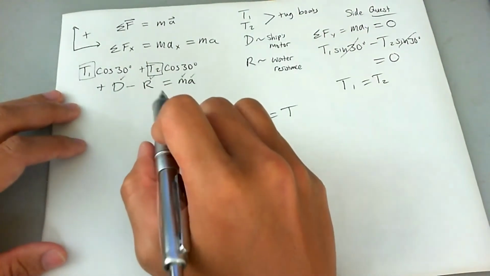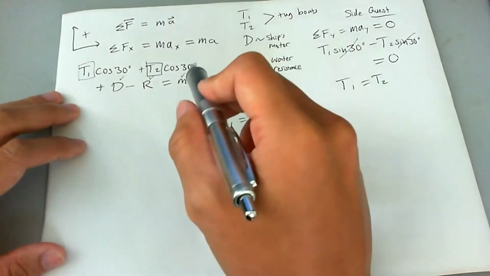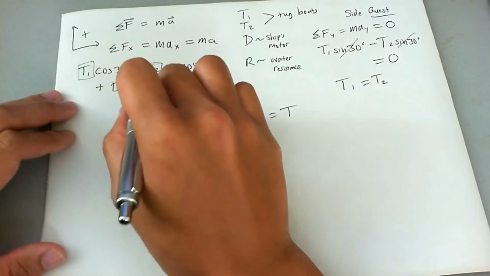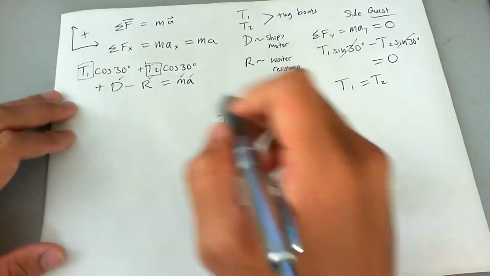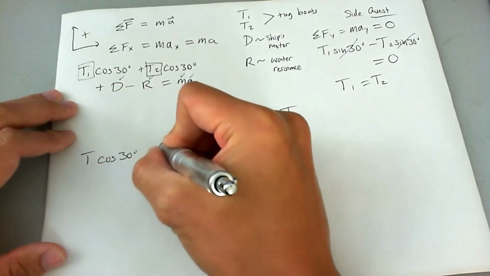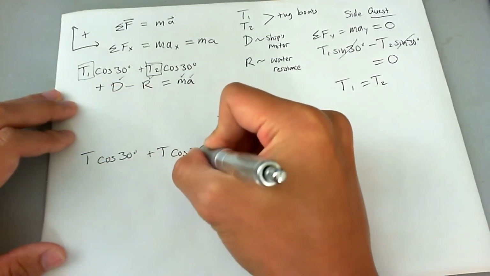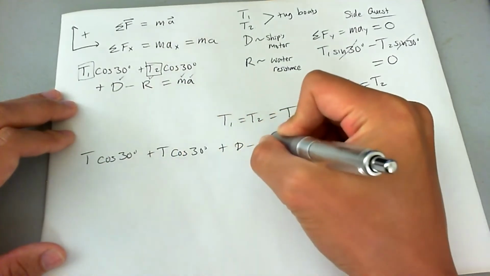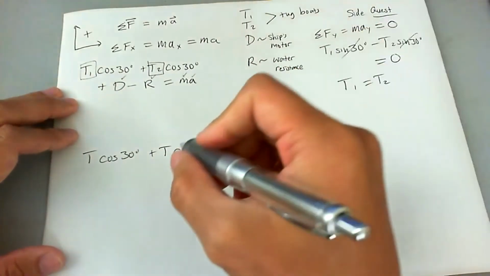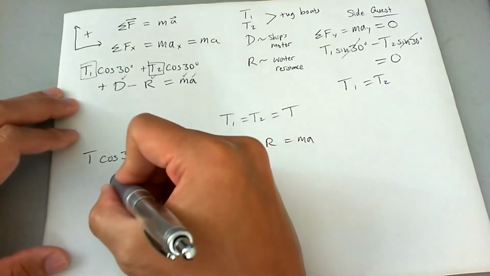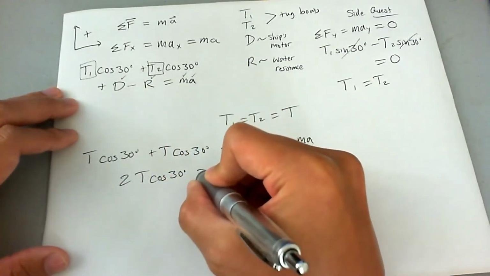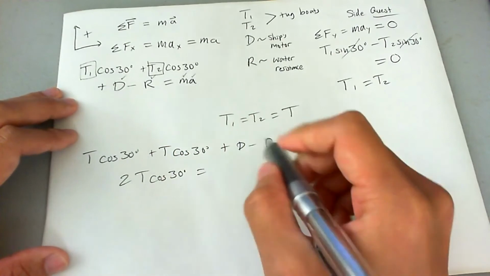Now, if we're going to solve for the force T on each tugboat, we can use this equation, but now we can just call T1 and T2 simply T. So we have T cosine 30 plus T cosine 30 plus D minus R is equal to M times A. If you were to isolate T, this is 2T cosine 30, and we'll drag R and D to the other side.